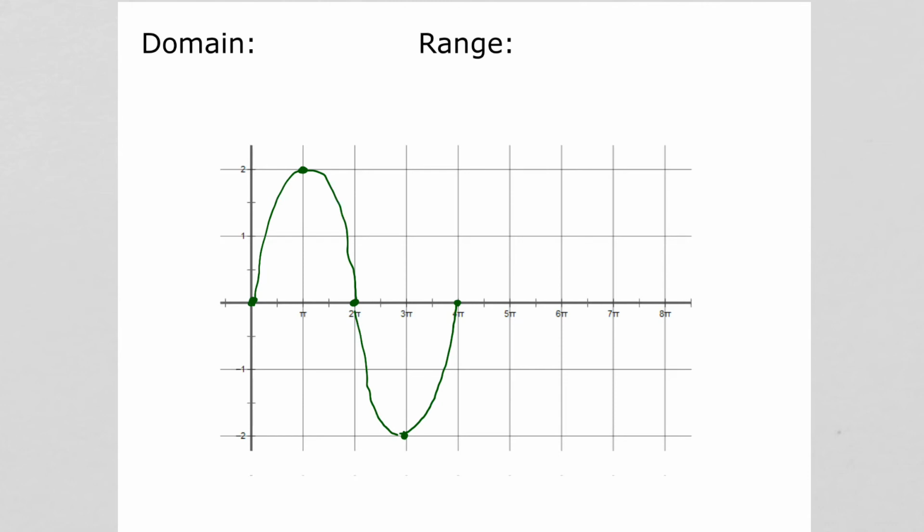It wants us to go ahead and graph to 8 pi, so just repeat from there. Not a big deal. You don't have to write down more points or anything like that. What's the domain? All real numbers again. What's the range? It's starting at -2 and going up to 2.